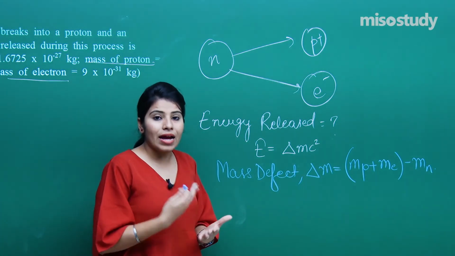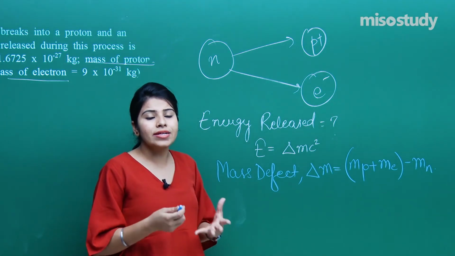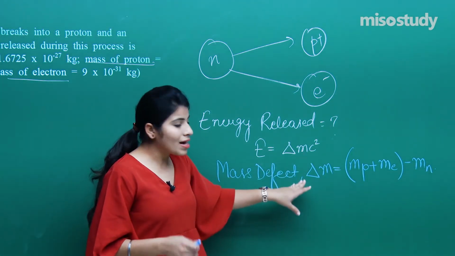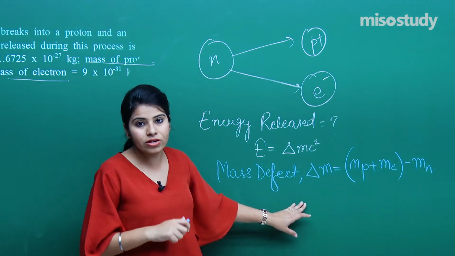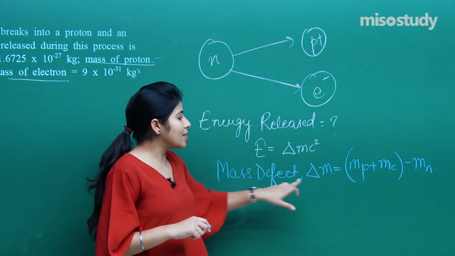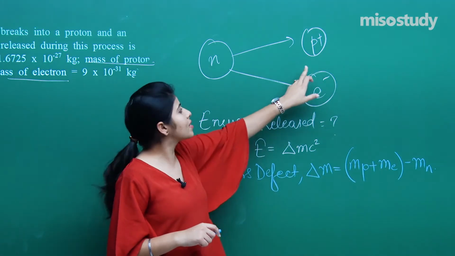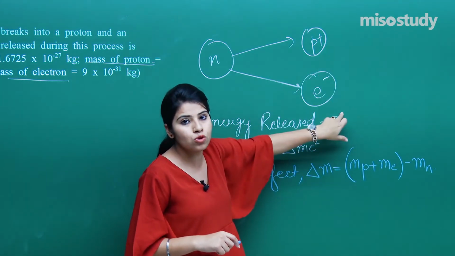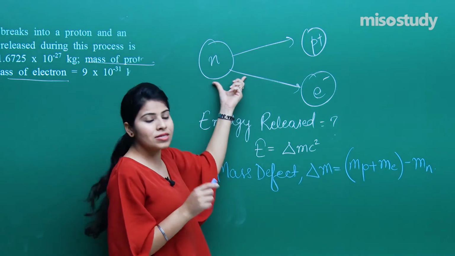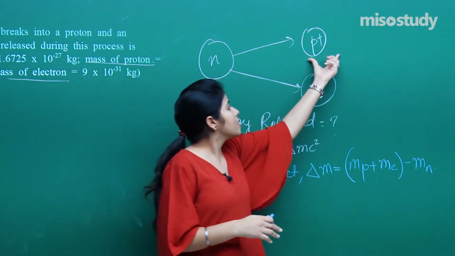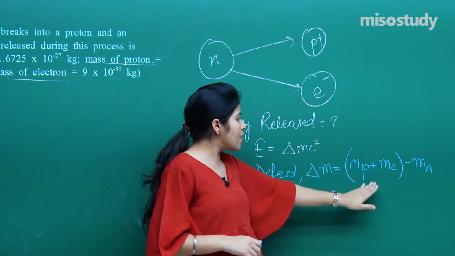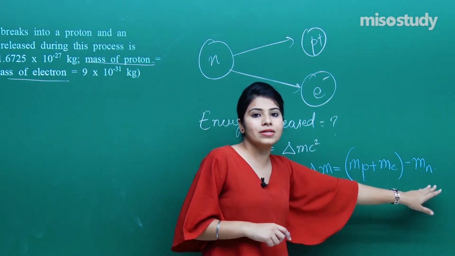At that time we ask where did this mass go? The mass has gone into the form of energy. So we can say that mass defect is nothing but Mp plus Me. Similarly, in this case this is breaking down into these two, so definitely its mass is going to be lesser than the mass of these two. That is why we have written Mp plus Me minus Mn.